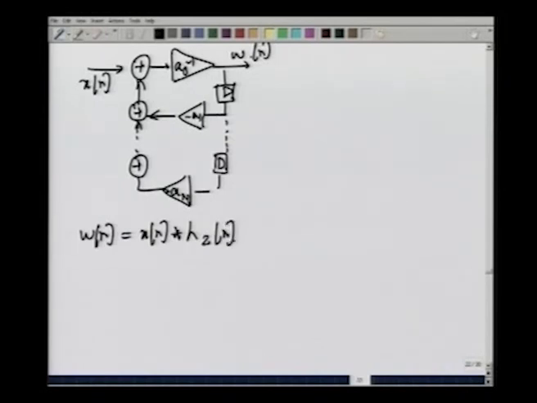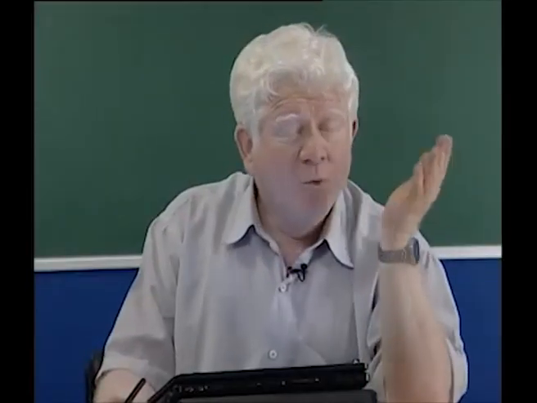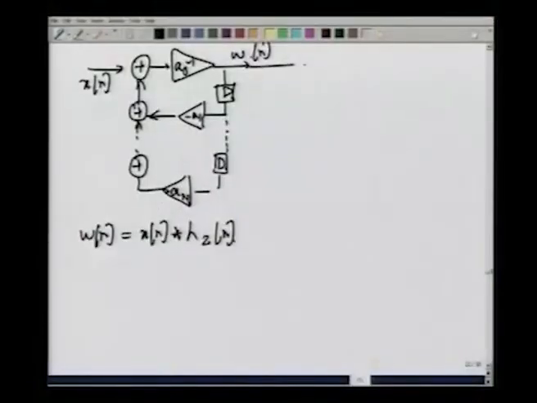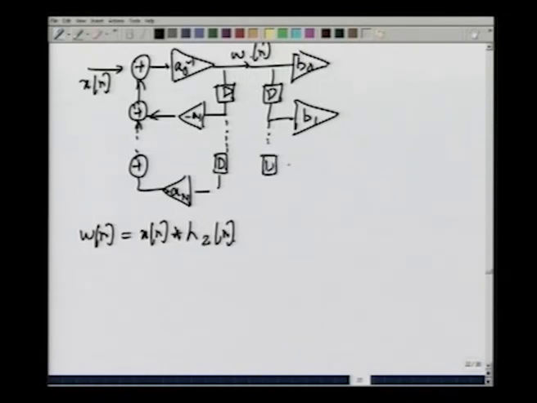What do we do with wn? We now put the moving average part, the FIR part, on this side, so that we take this over like this and scale it by B0, take it down through a delay and scale this by B1, take it further down until you finally get Bn.